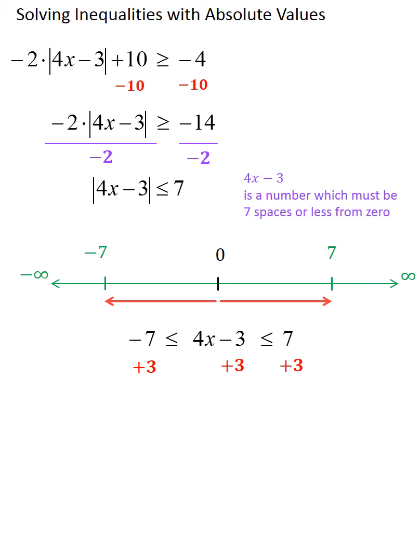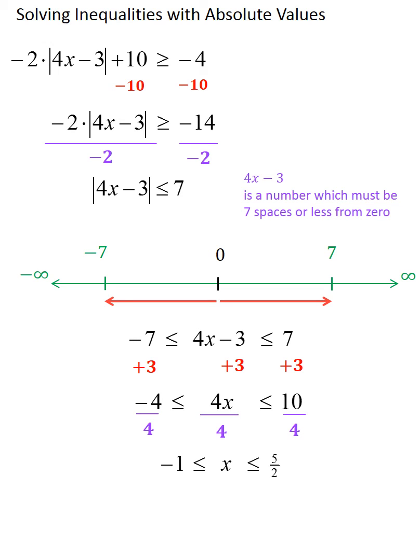So I'm going to add 3 to both sides. I'm going to then divide both sides by 4. I've now isolated the x, and I can now read this statement as a between statement.